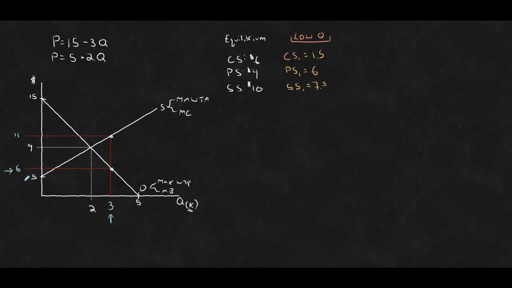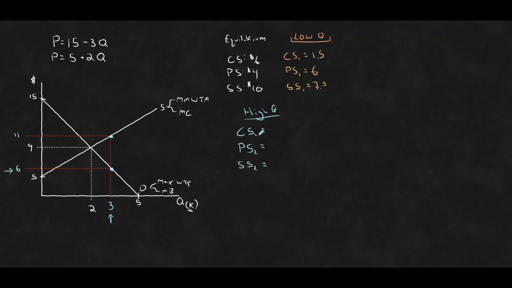Based off of this, we want to work through, at this high quantity, what is our consumer surplus, what is our producer surplus, and what is our social surplus? Maybe we can be better off if we produce more stuff.